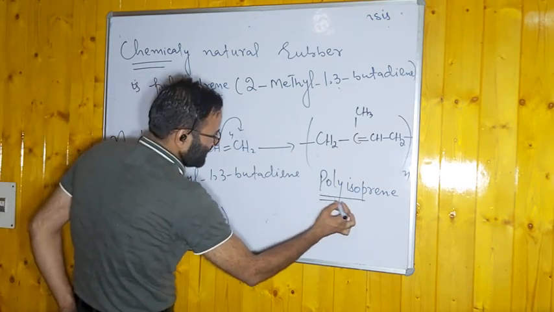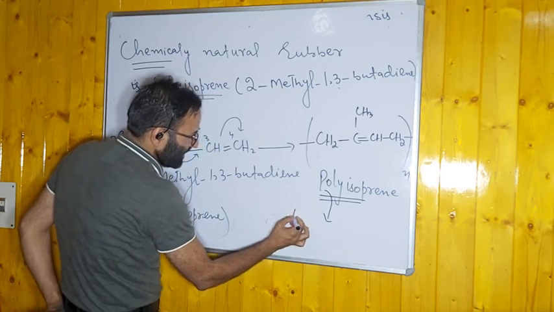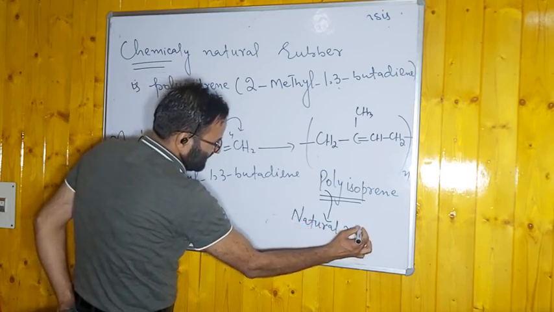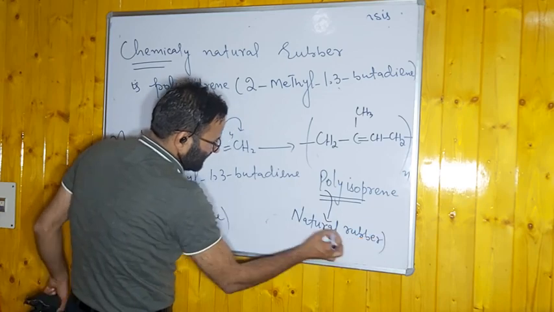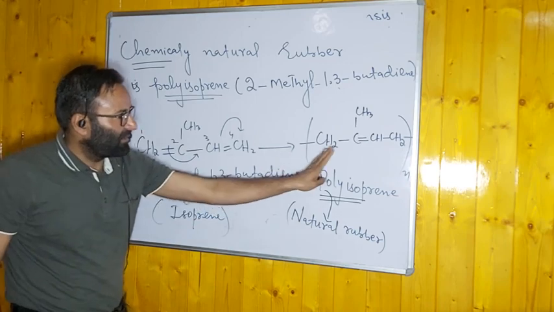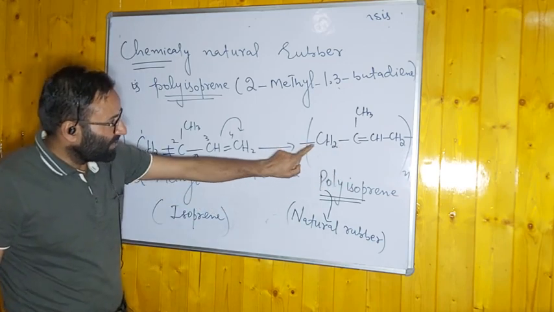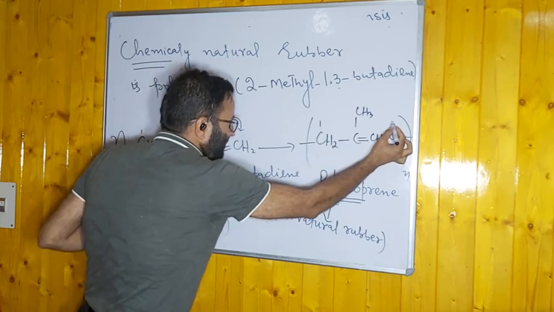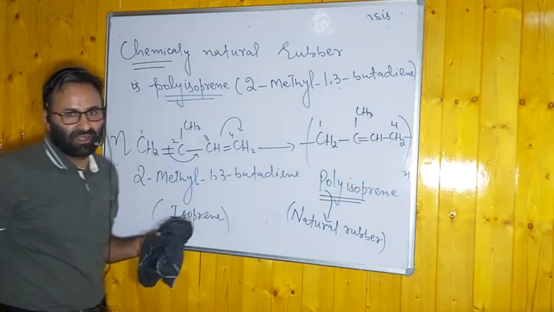Remember this point, this polyisoprene is natural rubber. And how is it obtained? It is a linear polymer, obtained by 1,4 addition. Carbon number 1 and carbon number 4 are involved in the polymerization.